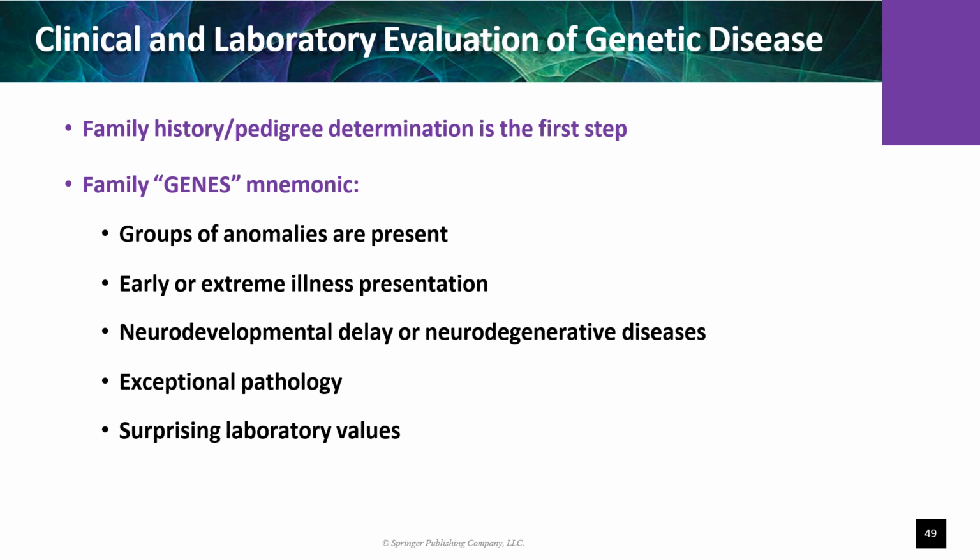The E would be finding pathologies in either groups or structures of paired or bilateral organs. An example would be finding several different cancers in the same patient simultaneously. The S example would be high lipid levels in a young, healthy patient.